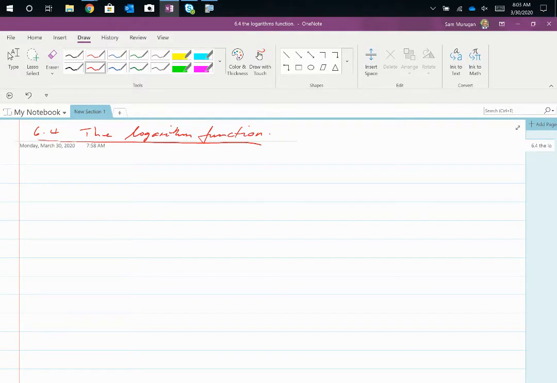The logarithm function, the form of it is y is equal to log base a of x.